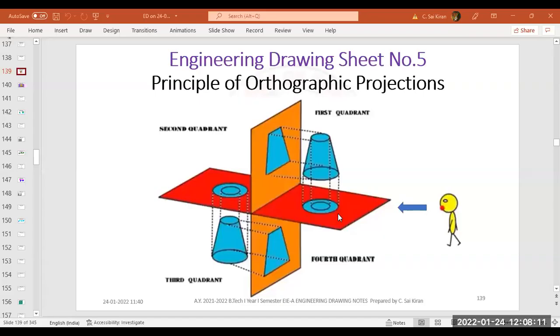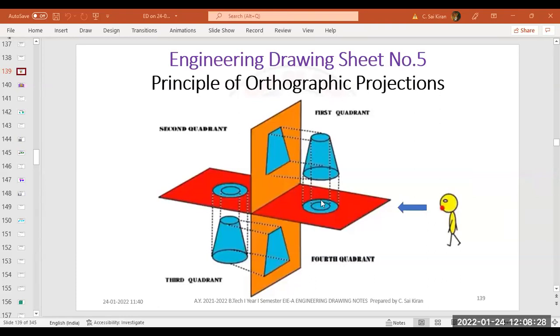Yeah. So the observer will be looking at this side, and this vertical distance is the H distance, and this is the horizontal distance. Suppose the circle is at this side, then D will be equal to 0. But the circle is at a certain distance, so D is positive.